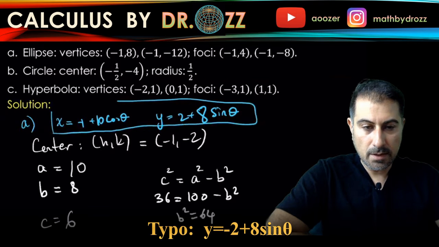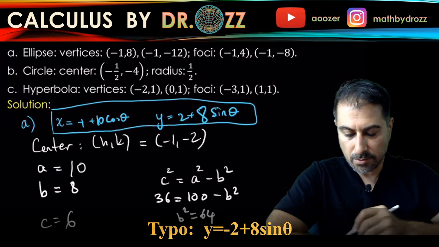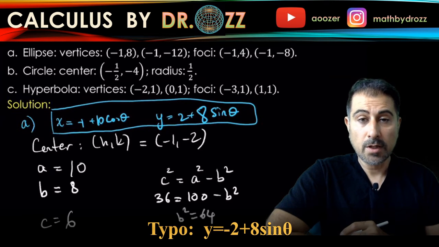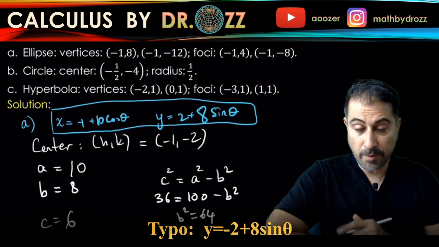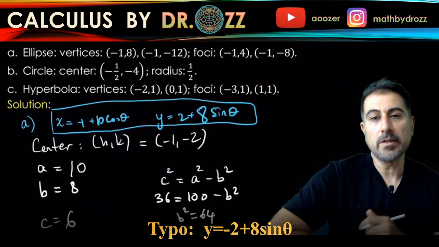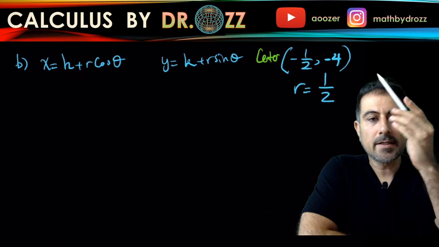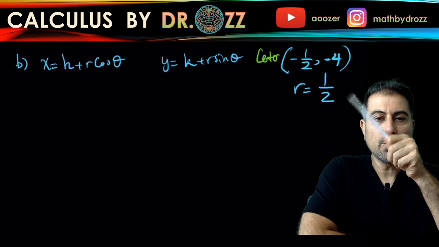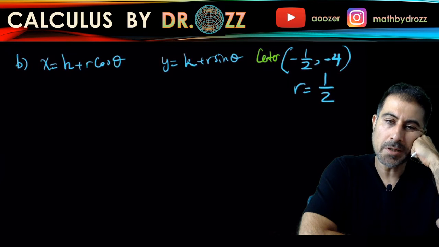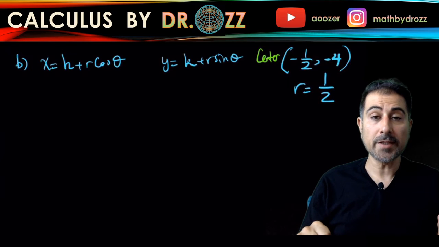All right. Let's move on to part B in this video. You have the circle with center (-1/2, -4) and radius 1/2. So why don't you think about it? I'm going to copy the parametric representation of the circle to my next slide. Here's the center provided to us, (-1/2, -4), and the radius is 1/2, and this is the parametric representation of the circle with center h and k and radius r.